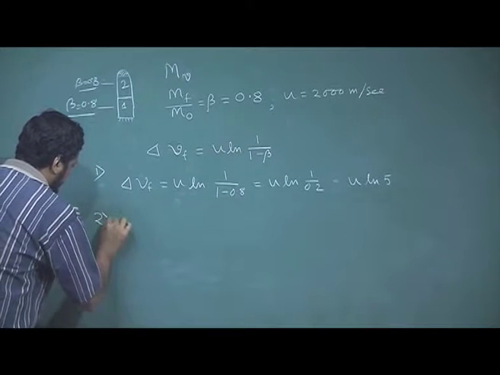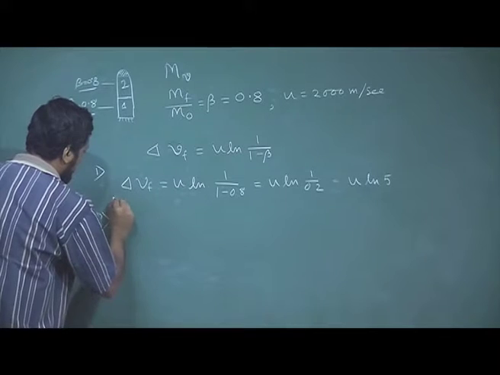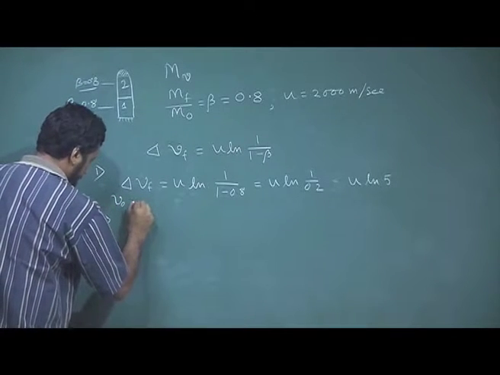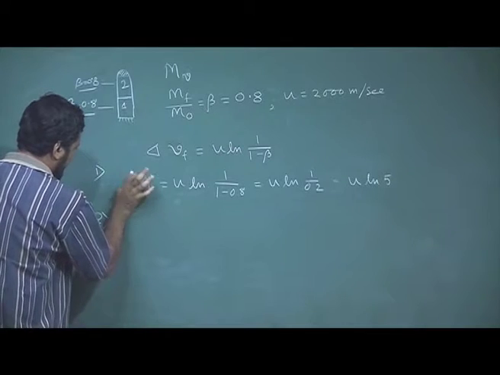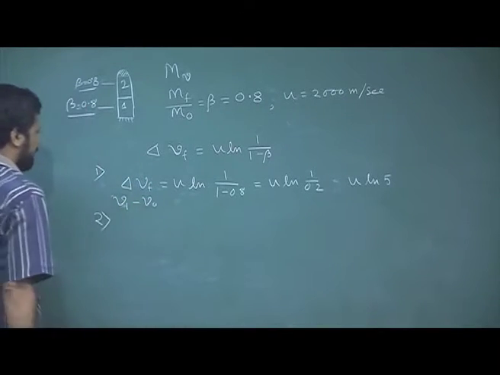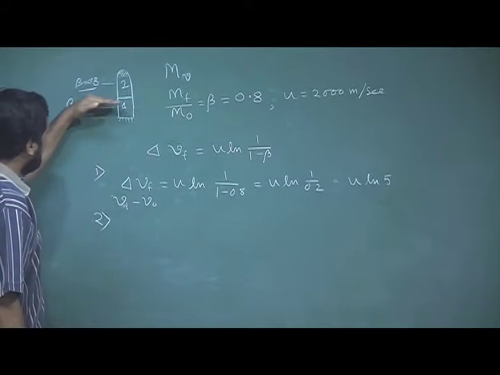Now after the second stage, so let us say after this first stage, it initially starts from a velocity v0 and it reaches a velocity v1. So your delta V_f is essentially v1 minus v0, right. Now it enters the second stage of burning.